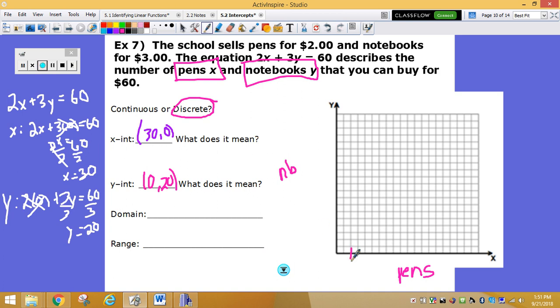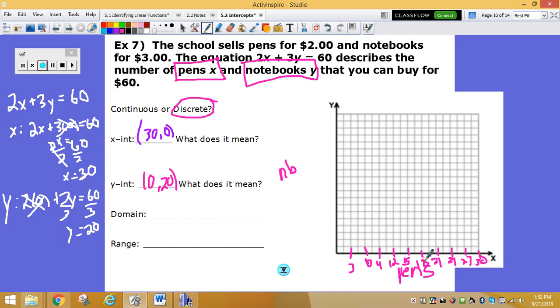So let's do 3, 6, 9, 12, 15, 18, 21, 24, 27, and 30. Nice.